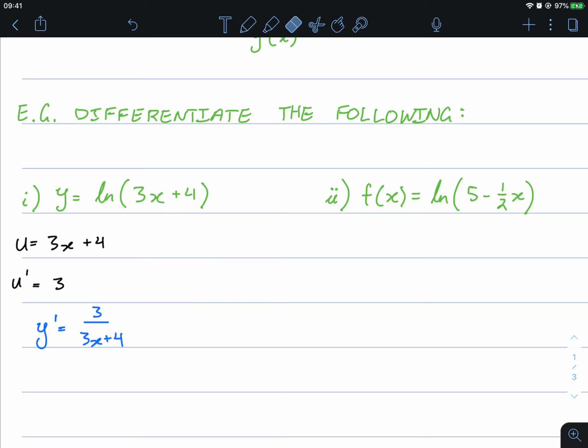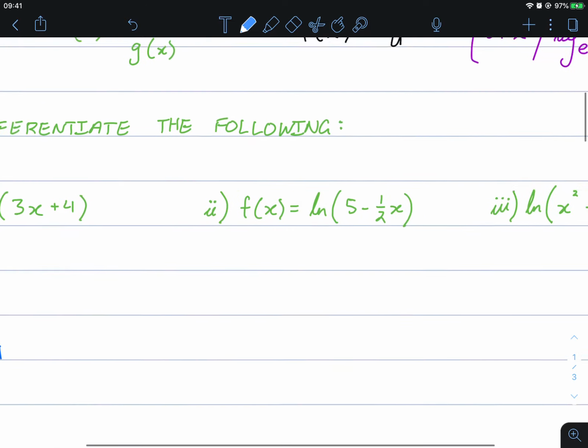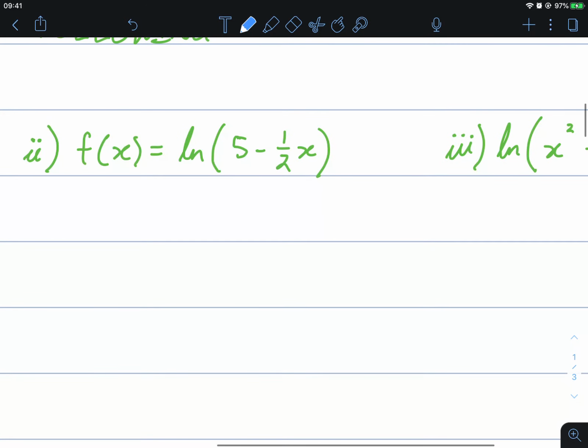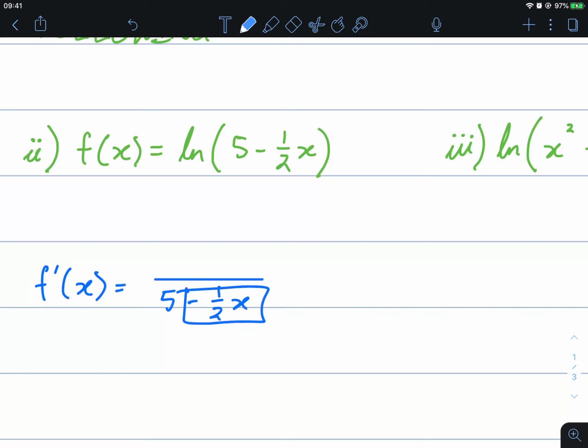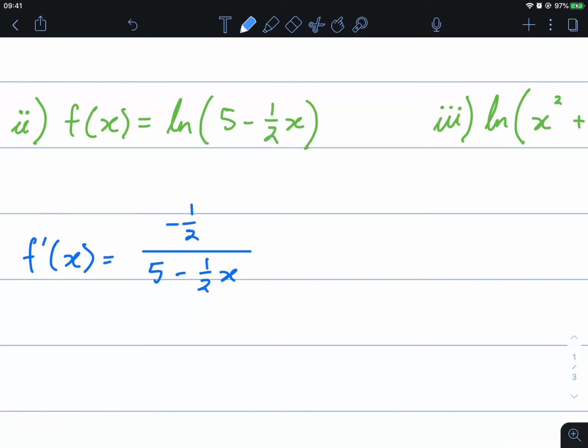Now I'll demonstrate how I would do this without this layout, although there's nothing wrong with doing it this way. Differentiate this. F prime of x is equal to, I leave the numerator blank, something over 5 minus half x. Now I take the derivative of my expression, half x, and the derivative of that is negative half. And I can just leave it as that.